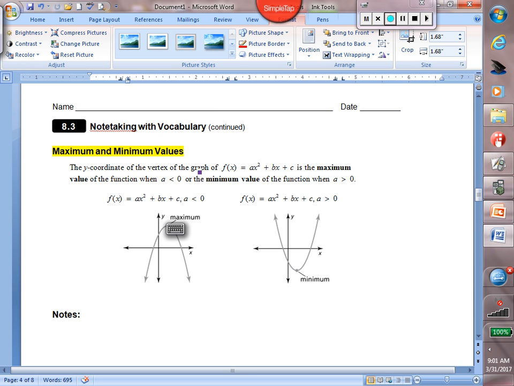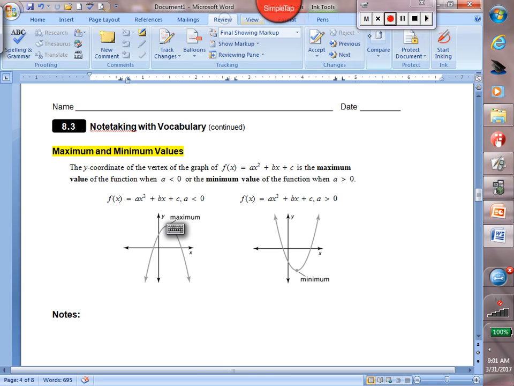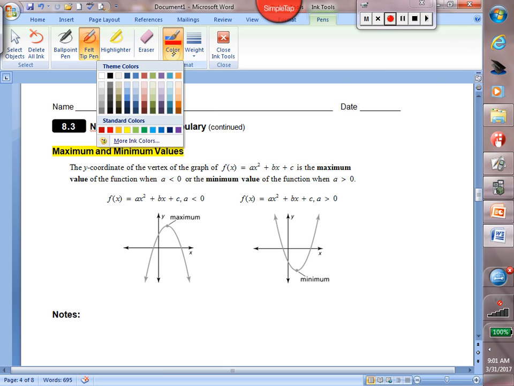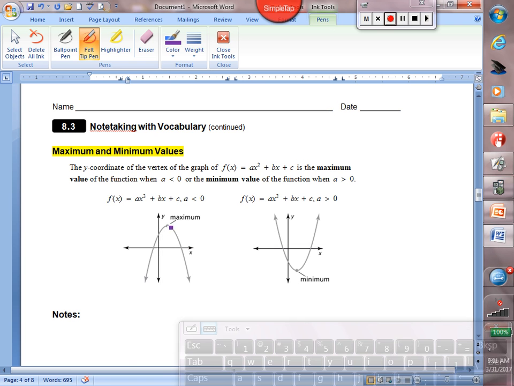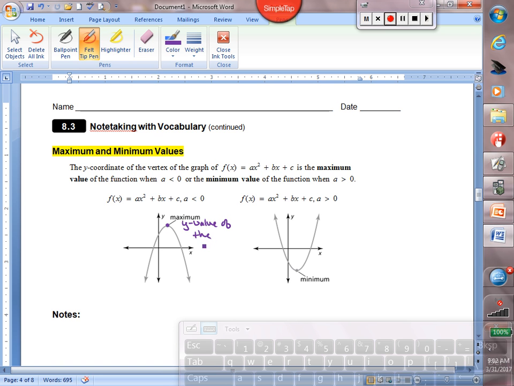A maximum value is when the graph opens down and we have the highest point on the graph. Now the key here is that we don't want the entire vertex, we just want the y value of the vertex. That is considered the maximum point. Because remember, the y value deals with the up and down, the vertical. So if we're talking about the highest point, we want to focus on that y value.